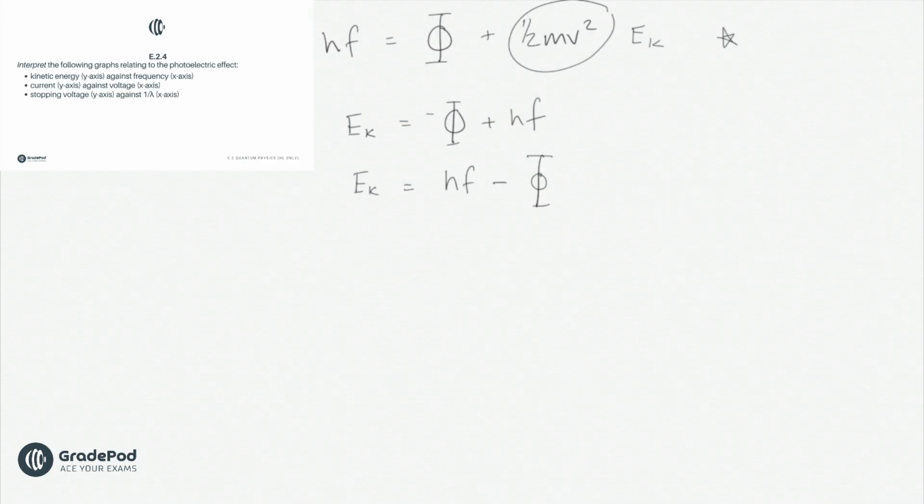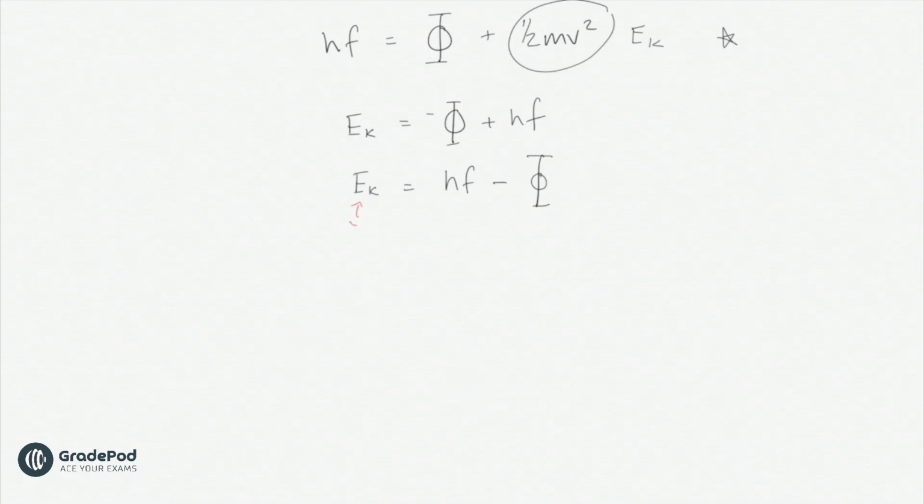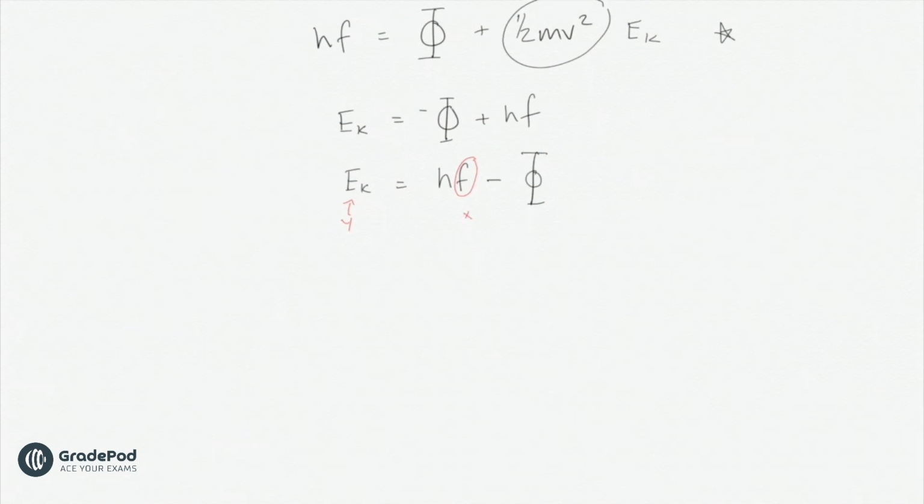Just rearranged this formula here. If we were to plot a graph, we could have that on the y-axis, we could have this on the x-axis, we could have that as a gradient and this as an intercept. So we're basically trying to recreate y equals mx plus c, which is our straight line graph.